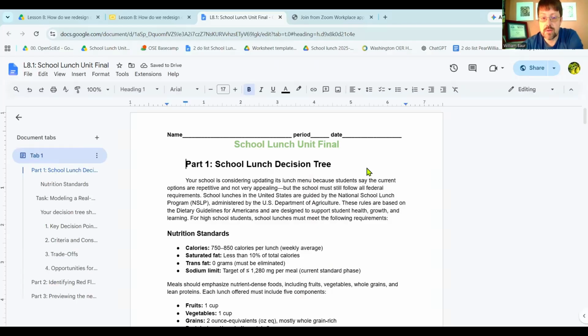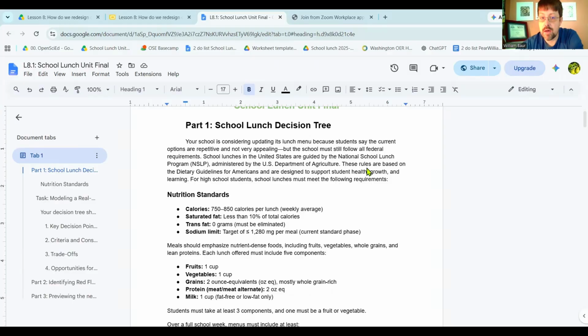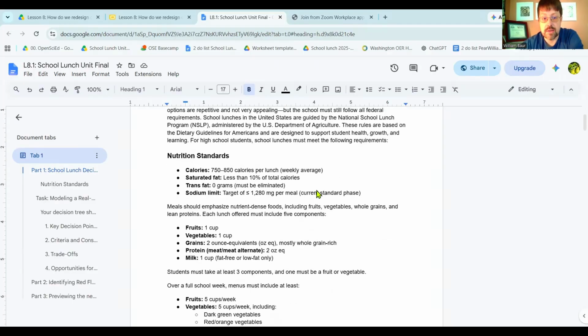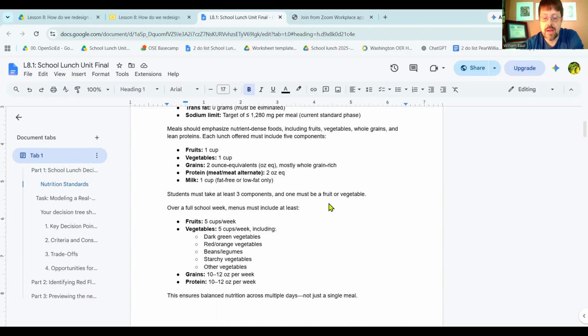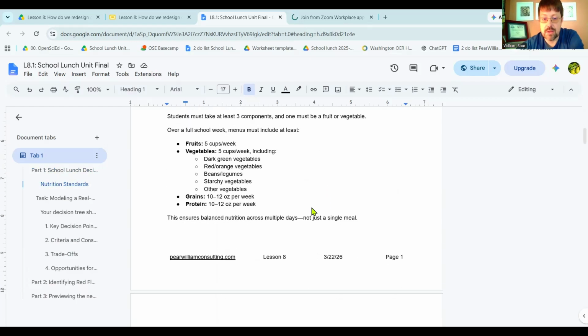The unit final has 3 parts. Part 1 is giving students some information about how to build their decision tree. So there's a summary of what the nutrition standards are. These are also subject to change as the U.S. is revising their recommendations for what makes a healthy meal.